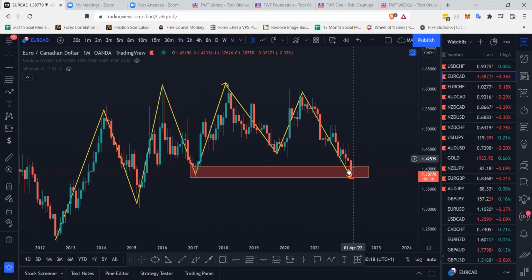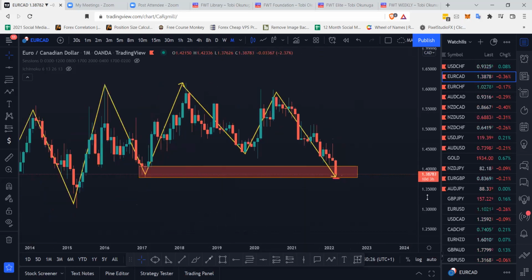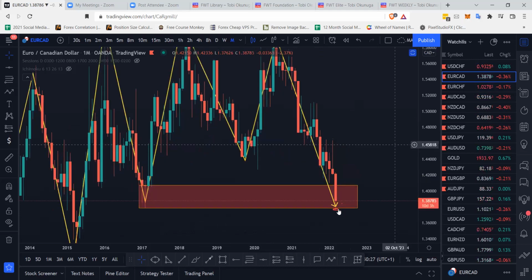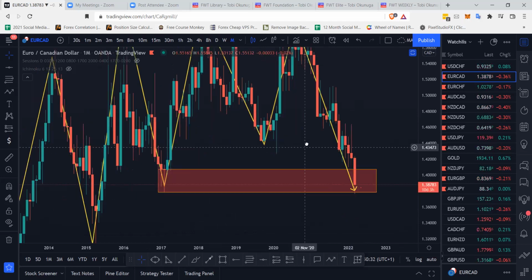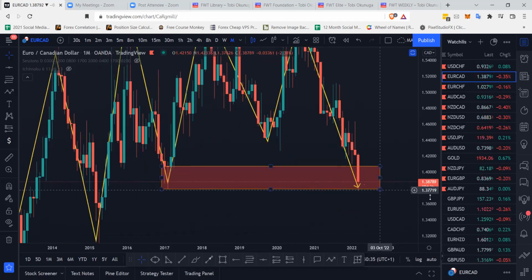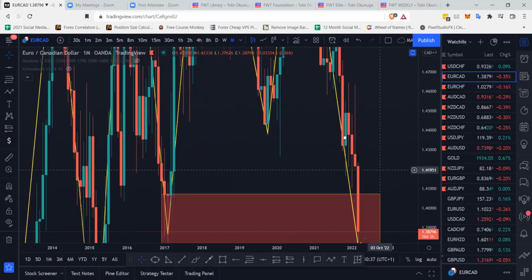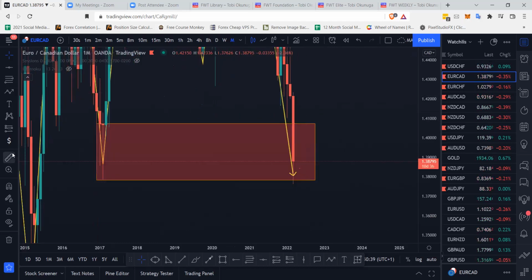All right, so a correction will only happen in a demand zone, which is this zone that we have found here. And then we have already seen a possible liquidity grab here, which is done a lot by market makers. You can see this small grab here. Because this is a monthly chart, let's measure the pips from here to here.